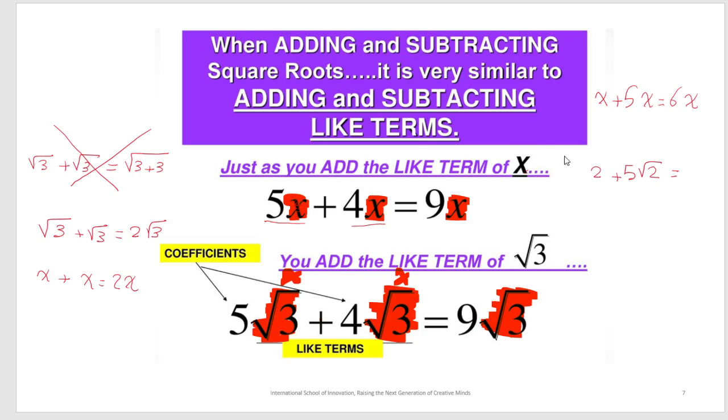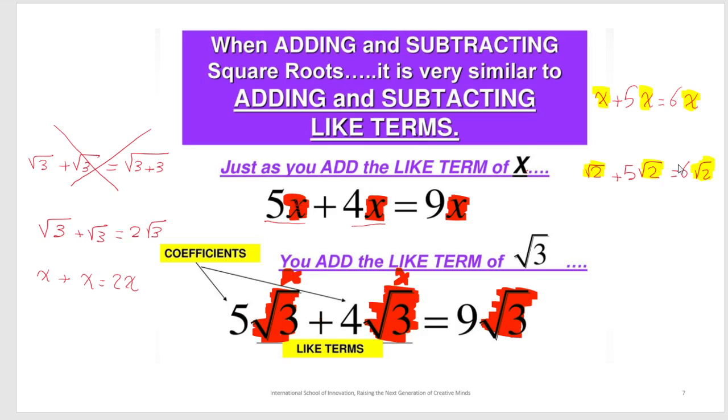Sorry, I erased it all. I used a different color. So radical 2 plus 5 radical 2 is equal to 6 radical 2. Radical 2 is the same here, the common, as 5x plus x, it's 6x. The like term, radical 2 plus 5 radical 2 equals 6 radical 2.